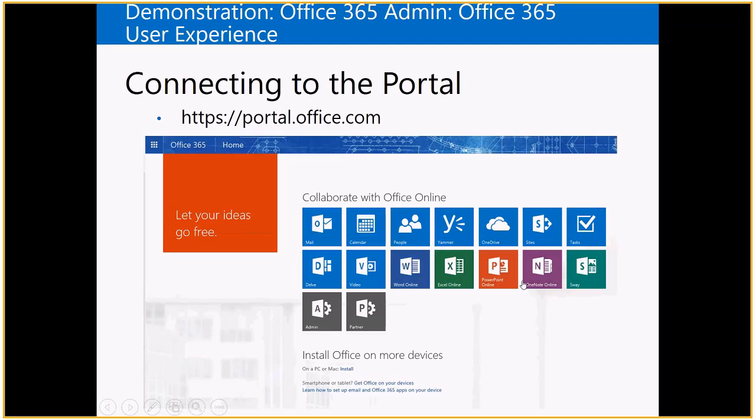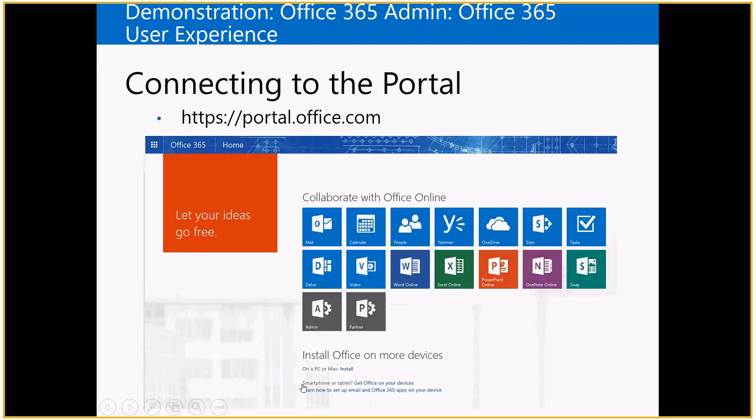Here are the web apps. If you're an administrator, you'll also have the admin button. I'm a Microsoft partner, so I have the partner button. You more than likely will not have this. Down below is where you find the links to install Office on your devices.